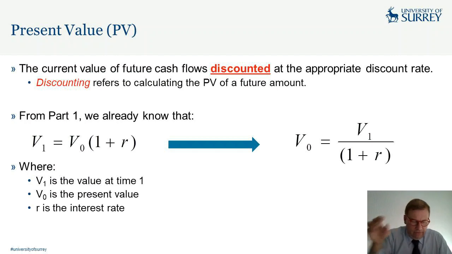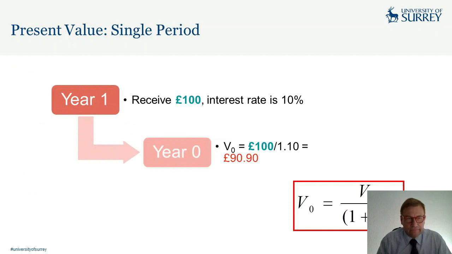You see it? Now we will have a more tangible example. Single period. In year 1, you are going to receive £100, but you know that the interest rate is 10%. So what do you do? You discount this £100 by the factor. The factor is, as usual, 1 plus r, which in this case is 1 plus 0.1, means the factor would be 1.1.